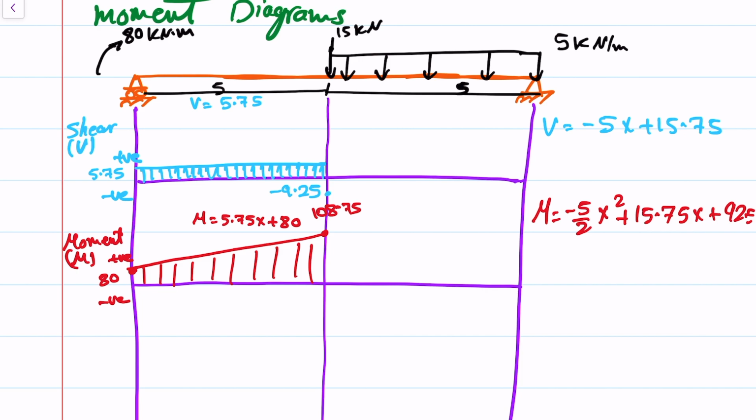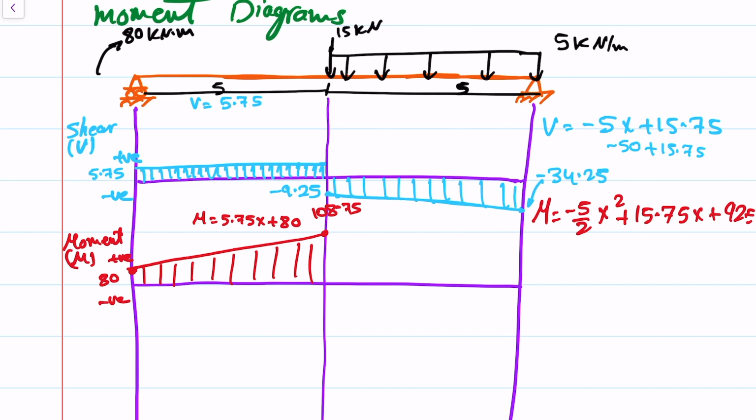And you have a linear equation, and for x equals 10, you have negative 50 plus 15.75. This will give you negative 34.25, somewhere here, and it is a straight line equation. This is negative 34.25, negative for sure.